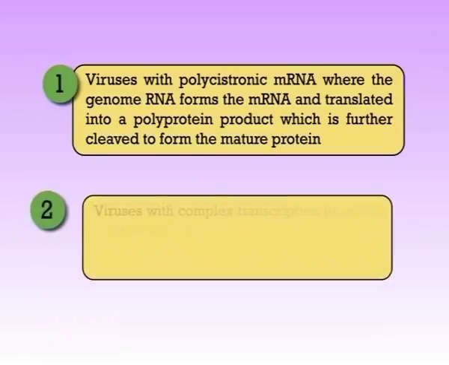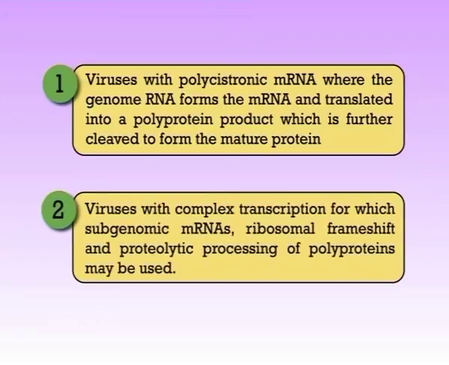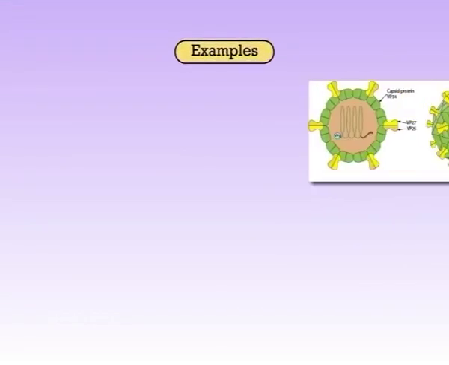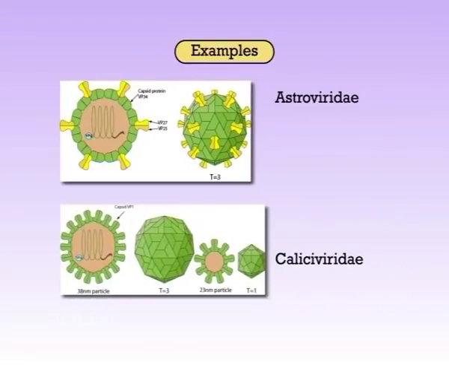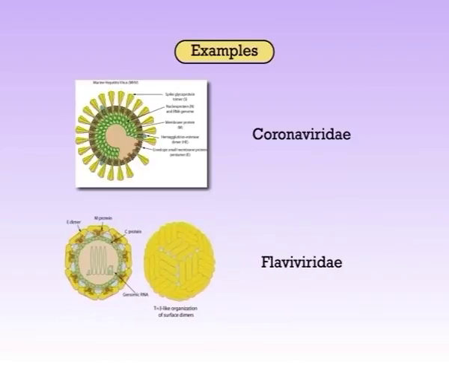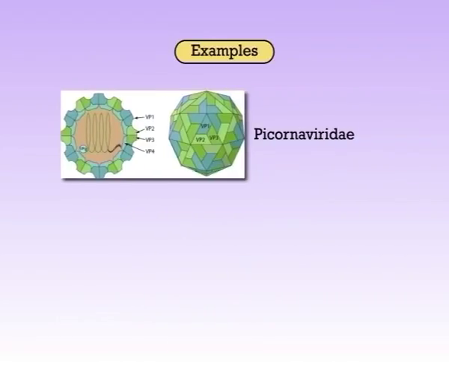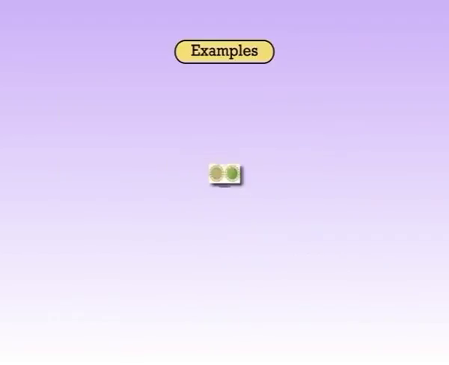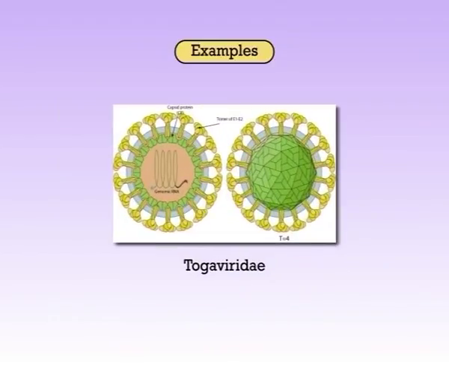In the other group are viruses with complex transcription, for which subgenomic mRNAs, ribosomal frameshift, and proteolytic processing of polyproteins may be used. Astroviridae, Caliciviridae, Coronaviridae, Flaviviridae, Picornaviridae, Arteriviridae, and Togaviridae are the viruses that come under this group.